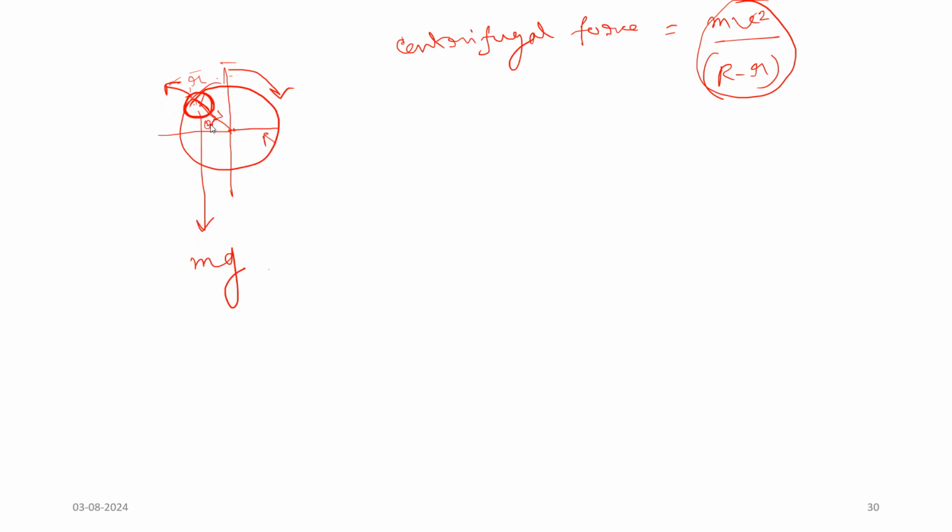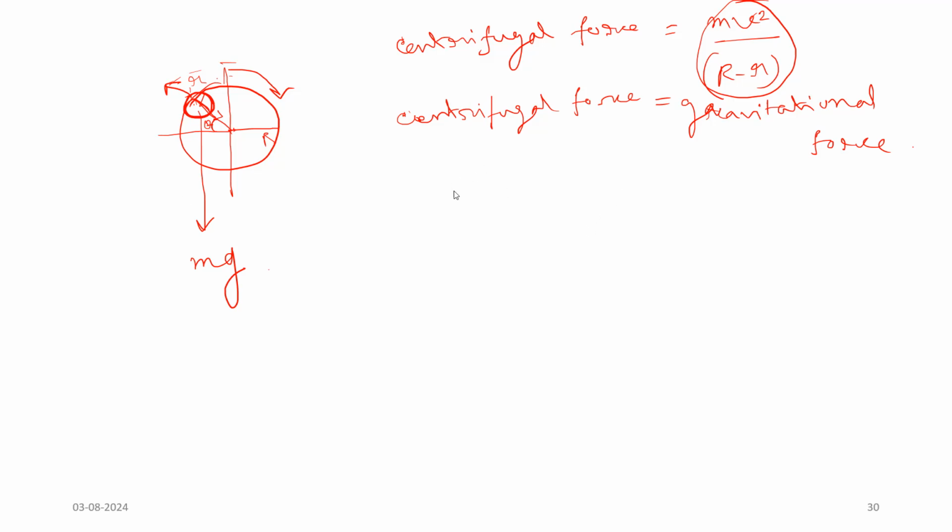So when the gravitational force and centrifugal force become equal, centrifugal force equals gravitational force. When these two forces are equal, the ball will lose contact and fall down onto the particles. So these two have to be equal for the feed particle to fall down.